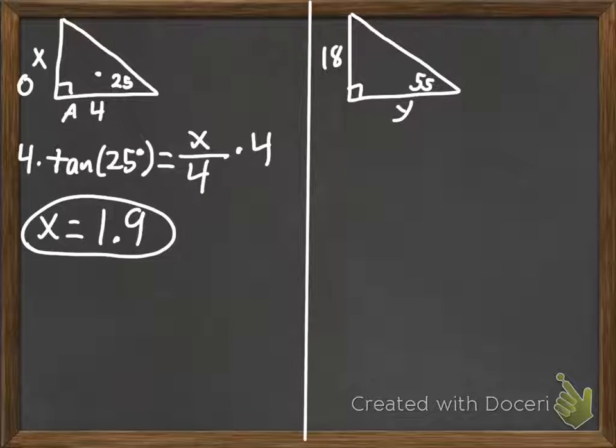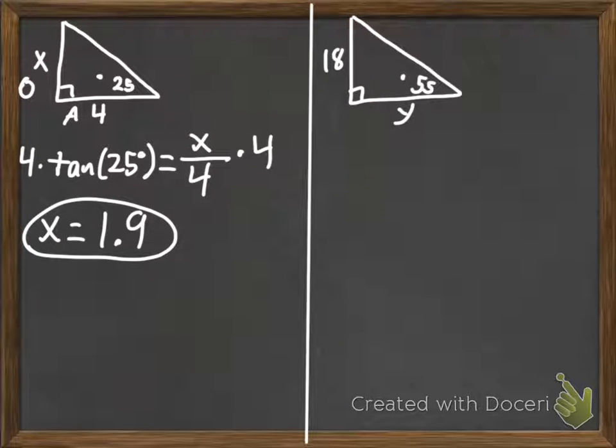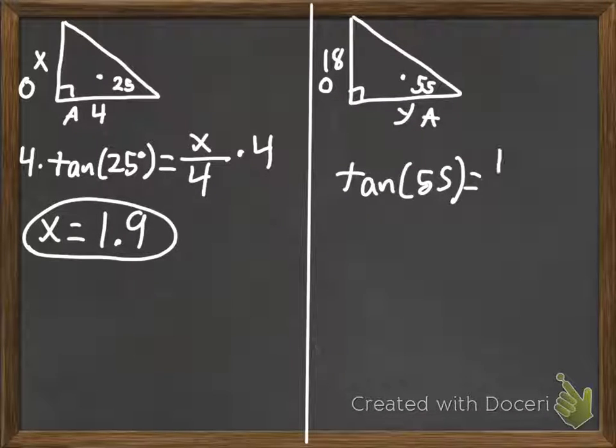Our last example, we have a right triangle with an angle measure of 55 degrees. 18 is opposite, and y is adjacent. So we get the tangent of 55 equals 18 over y.